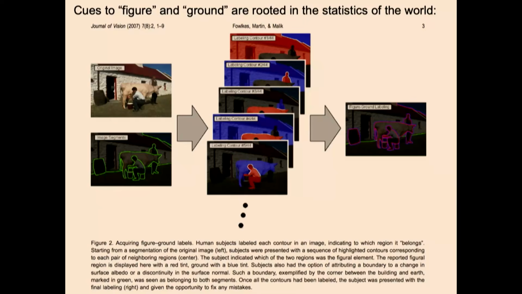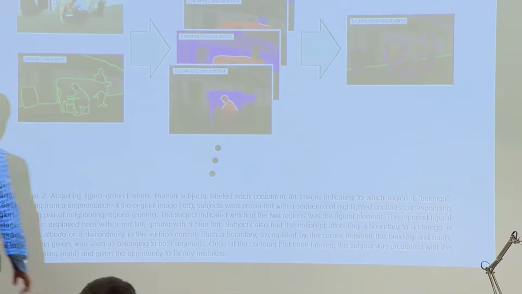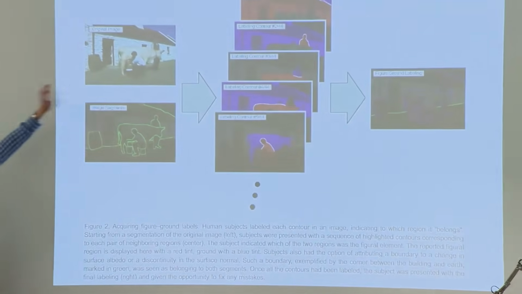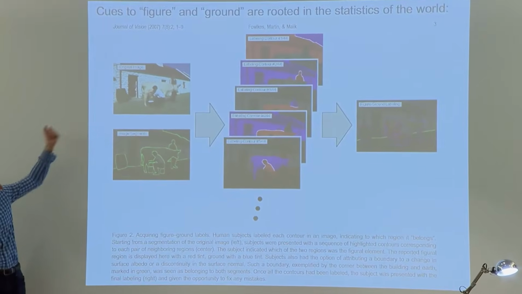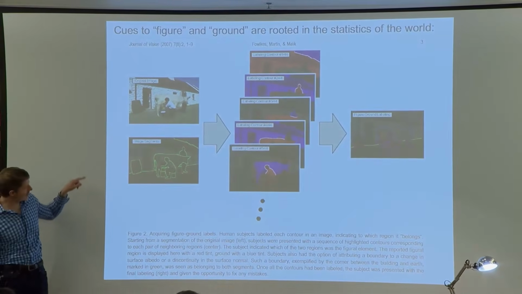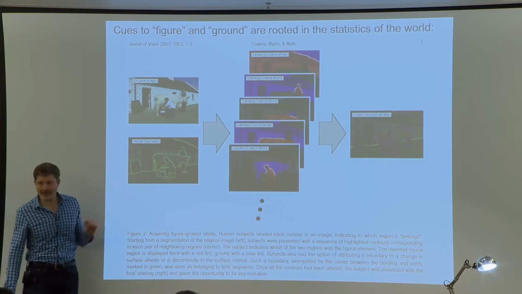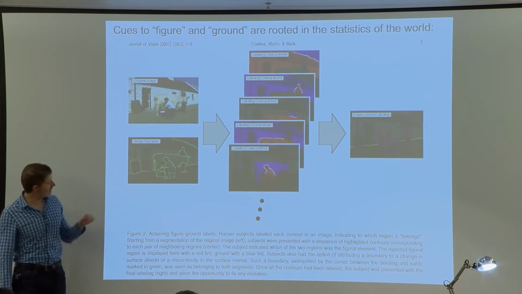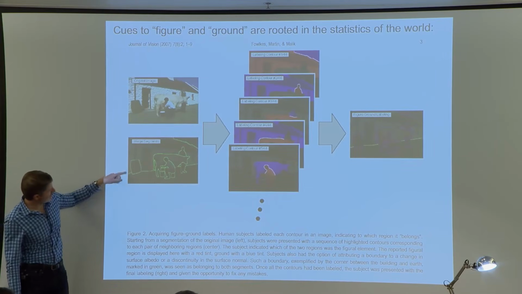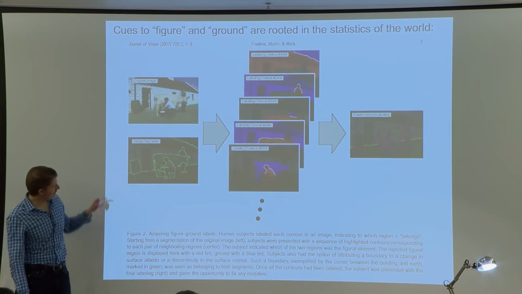And so this is an example of a paper that provides evidence for the idea that the cues to figure and ground are actually rooted in statistics of the world. Okay? The way that this works is a group at Berkeley took lots of images of the world and asked human observers to label all of the edges of objects in the image, right? They probably had a computer vision algorithm that would help them out.